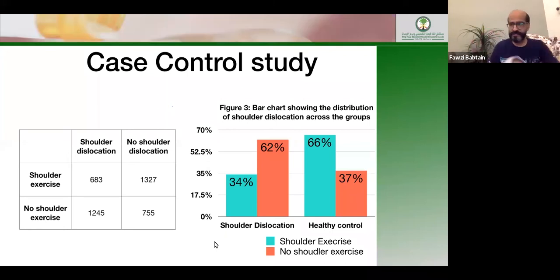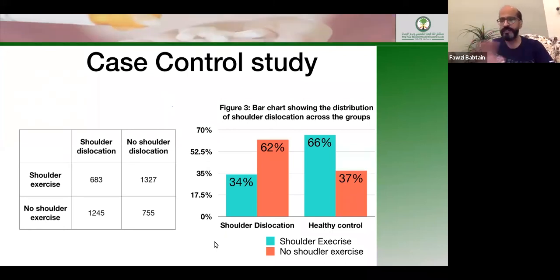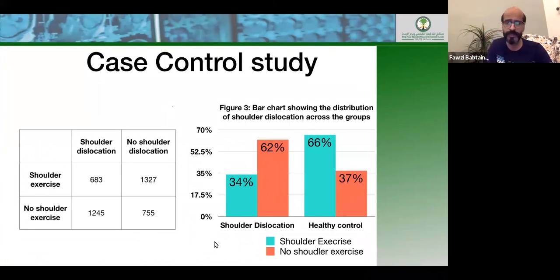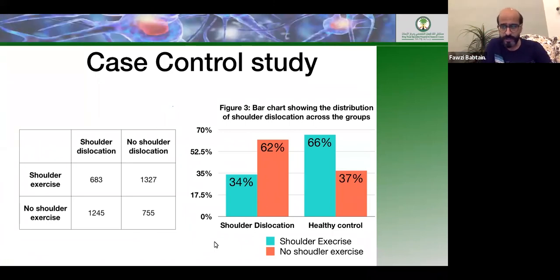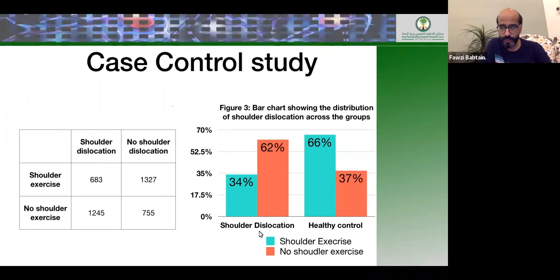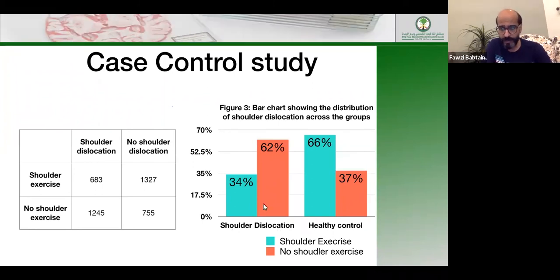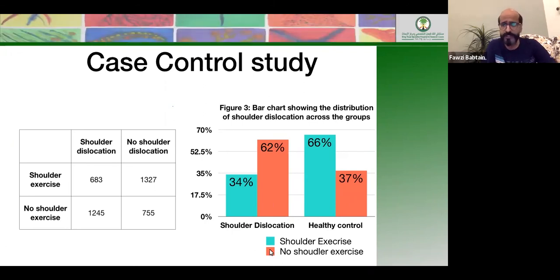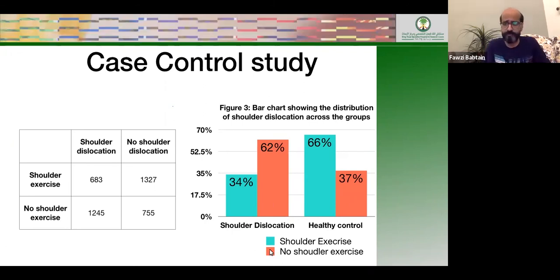If you look at this without any further sophisticated way to really analyze the results, if you look at the shoulder dislocation group, here the blue is the shoulder exercise, which is of my interest. The red is never had a shoulder exercise.